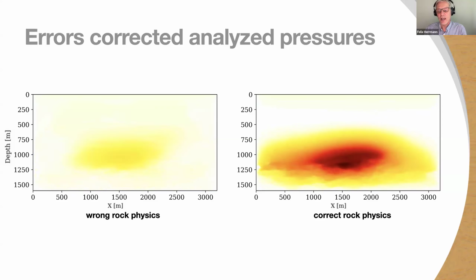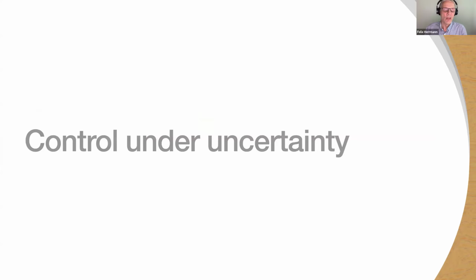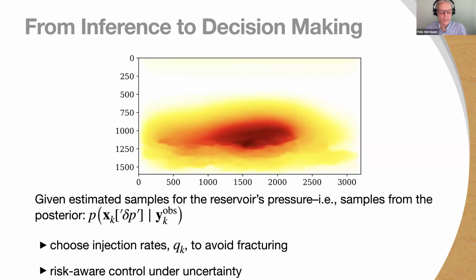Okay, so why do we care for the pressure? Basically, up to now, what we're able to do is allow for different contexts and choose the context that minimizes the data misfit the best. And then we select that, and then we have confidence that what we have as samples for the pressure on the right are correct. And that will allow us to do control under uncertainty.